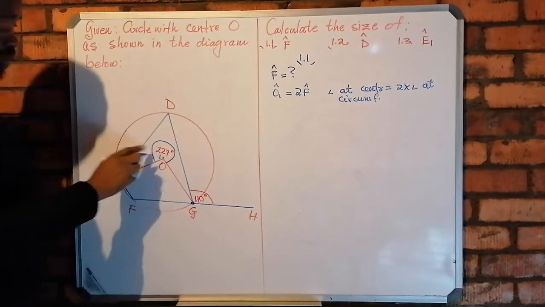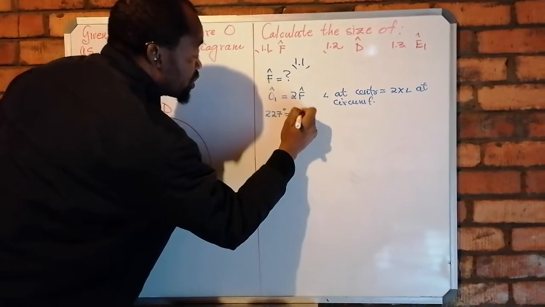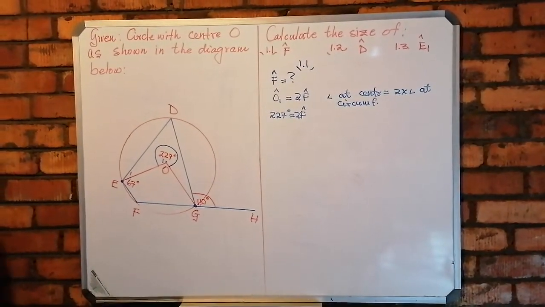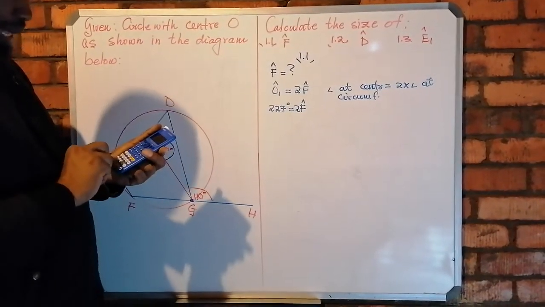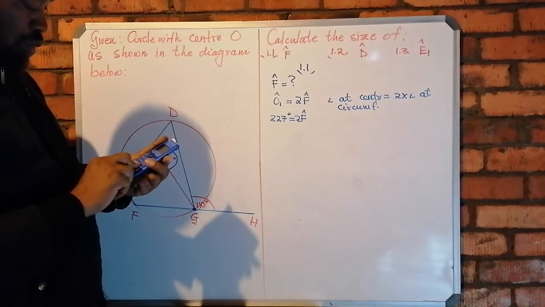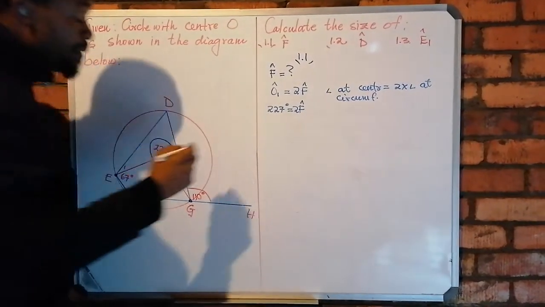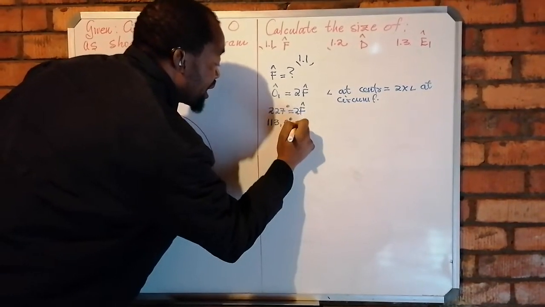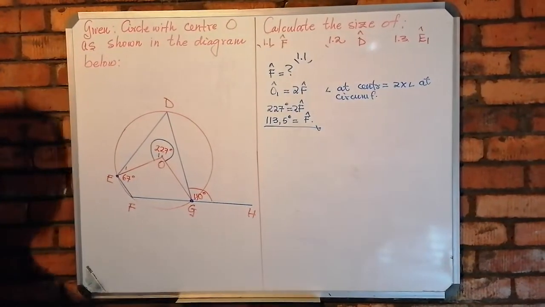Now, we know angle O1 is 227 degrees, which is equal to twice angle F. Now we want to find the size of angle F. I'm just going to make angle F the subject of the formula by saying 227 degrees divided by 2, which gives me 113.5 degrees, which is equal to angle F. We have answered the first question.